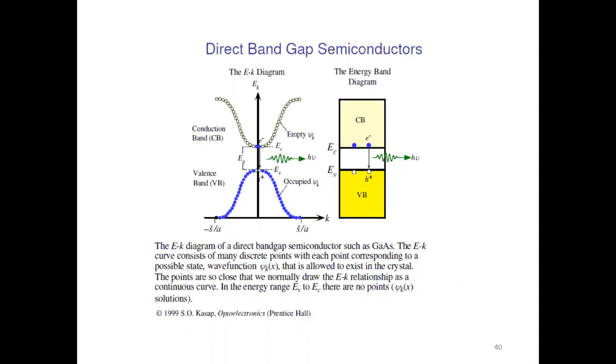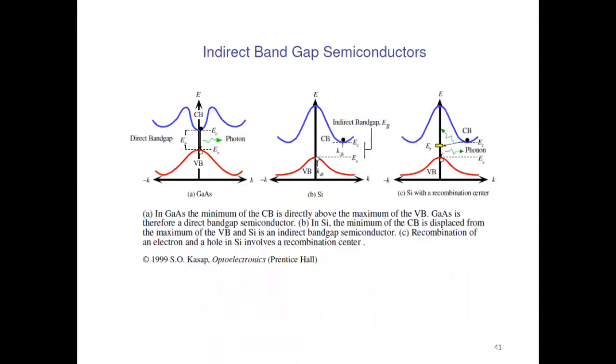It's simply the minima. So if we compare it with an indirect band gap semiconductor, then what happens? Gallium arsenide is a direct band gap material, so the minima of the conduction band is directly above the maxima of the valence band.